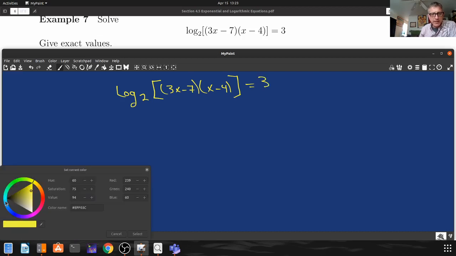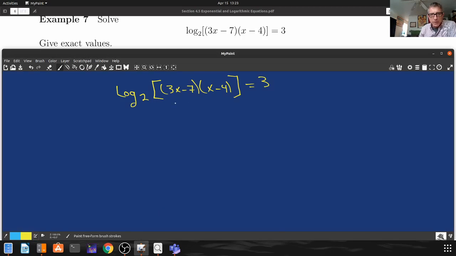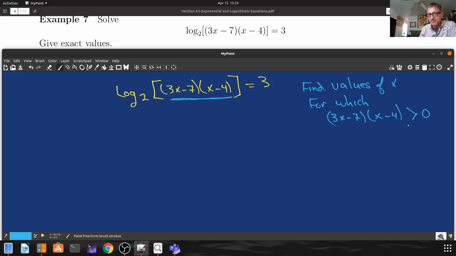Before we even begin to solve, we have to find values of x for which this product is positive. So that's what we're going to do first. We want to find values of x for which 3x minus 7 and x minus 4 is greater than 0.